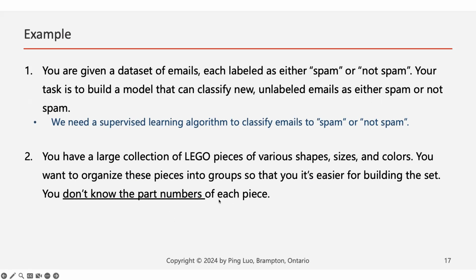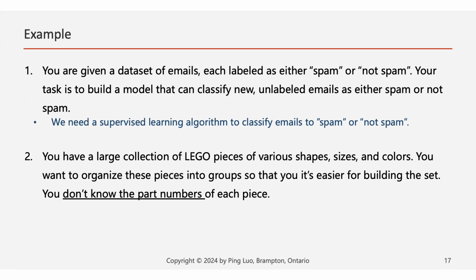Similarly, for the next one, we have a collection of Lego pieces of different sizes and colors. You want to organize them into different groups so that it's easier to build the set. But you don't know the part number of each piece. Assuming you don't have the manual, you just want to put them into different boxes so it's easier to assemble the set.